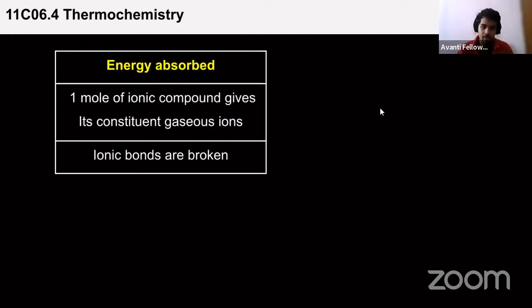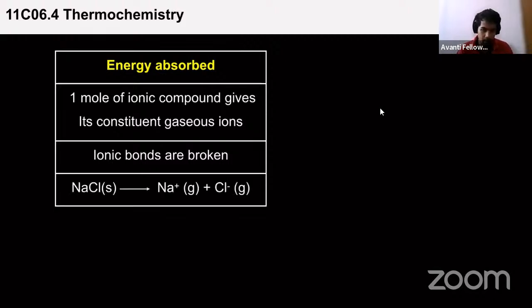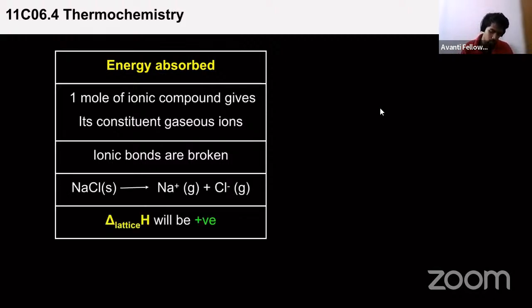Now, what is happening when you are converting this 3D crystal into gaseous ions? We are breaking the ionic interactions, right? And next, what we have seen, this is an endothermic process. Why is it an endothermic process? Let's take one Na+ and ask how many Cl- ions are surrounding it? It is surrounded on all sides: front, back, left, right, above and below.